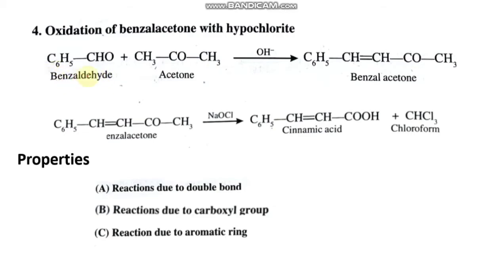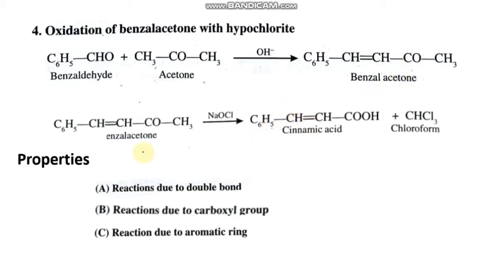In this reaction, benzalacetone, that is C6H5CH=CHCOCH3, is reacted with sodium hypochlorite, or it may be sodium hypobromite. Benzalacetone is reacted with sodium hypochlorite. We will get cinnamic acid.